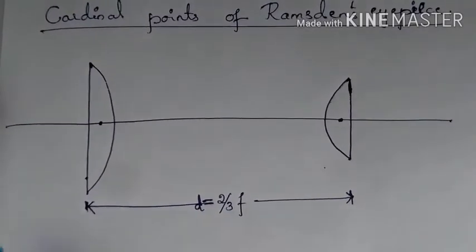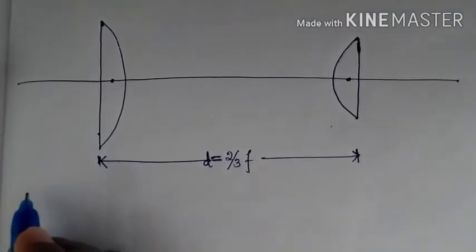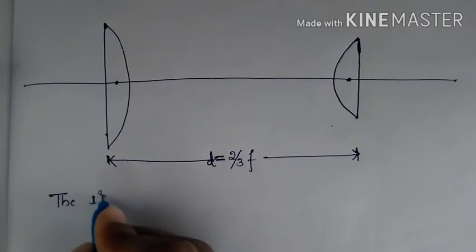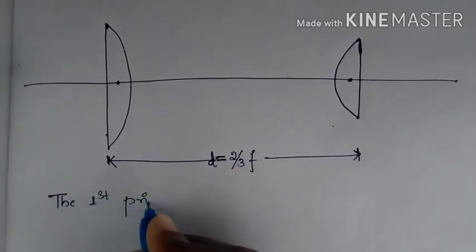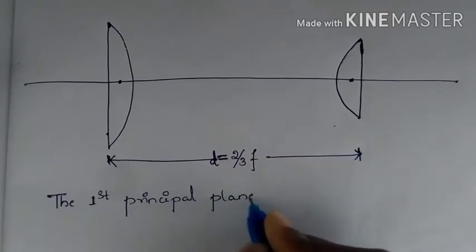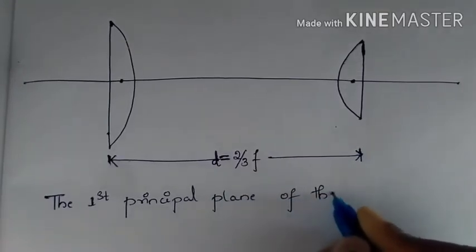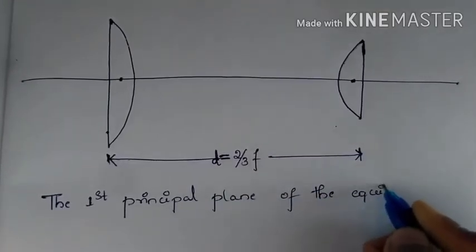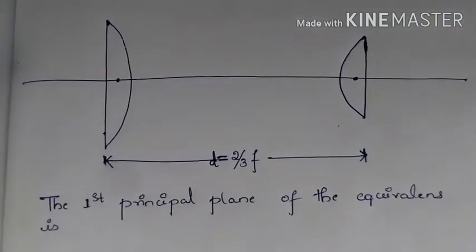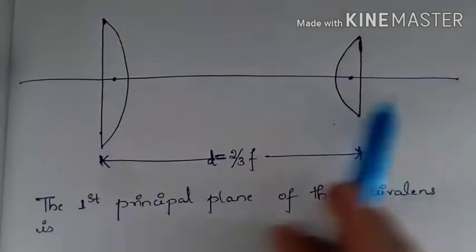Now, the first principal plane of the equivalent lens. Why is it an equivalent lens?